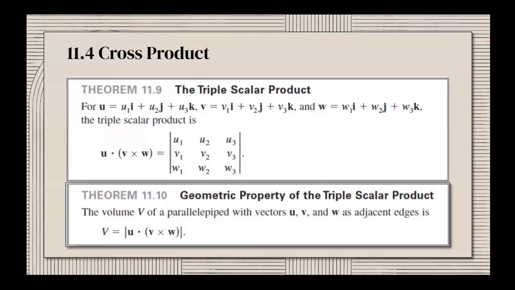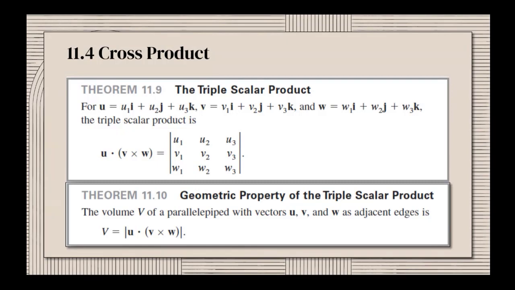So next we have the triple scalar product, which is when you take the dot product after you cross two vectors, and so you will result in a scalar answer.